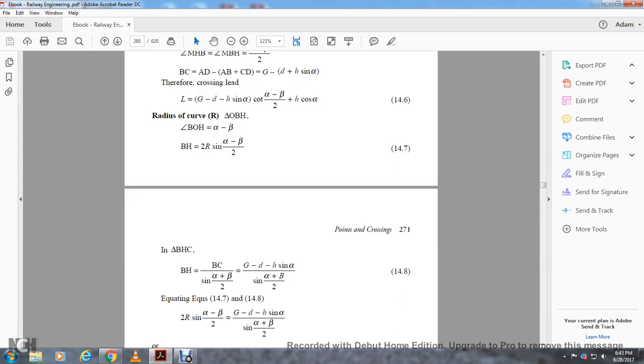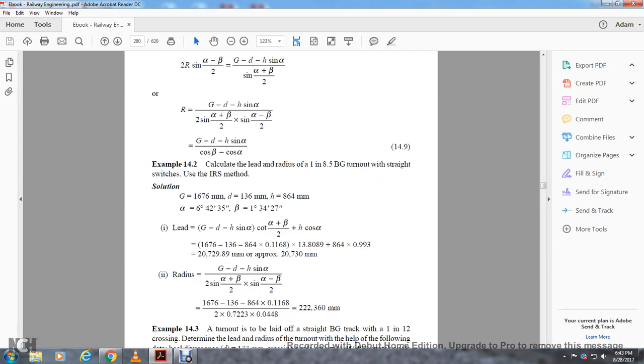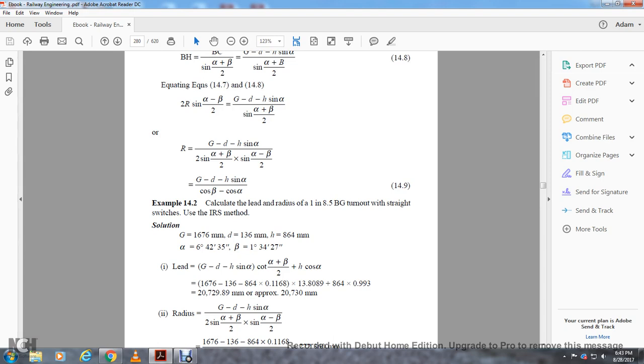Equating the equations, radius R is equal to (G minus D minus H sin A) divided by 2 sin of (A plus B) divided by 2 times sin of (A minus B) divided by 2, or (G minus D plus H sin A) over the cosine B minus the cosine A.